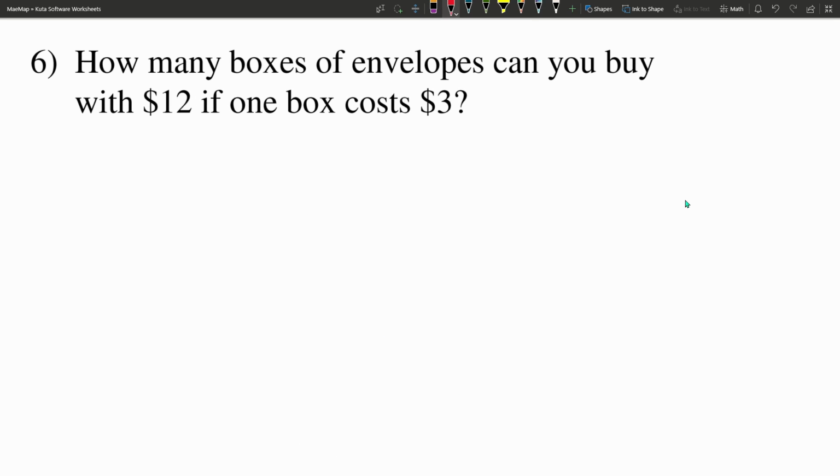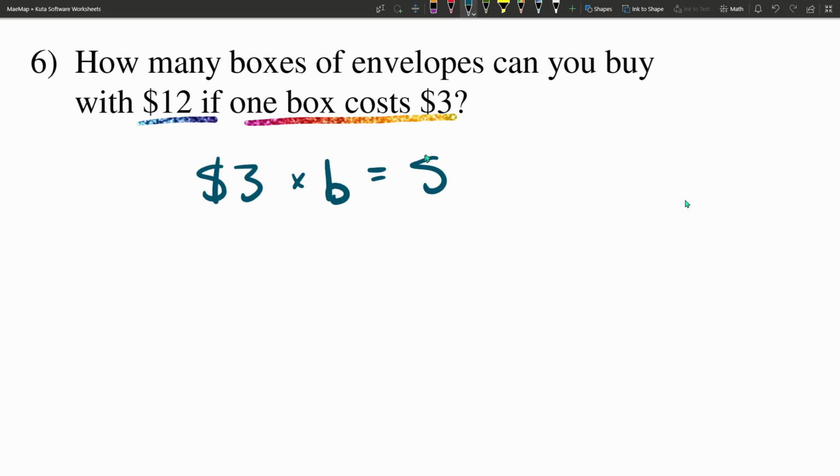Number 6 asks us, how many boxes of envelopes can you buy with $12 if one box costs $3? So how many boxes of envelopes can we buy? Well, if we know that one box costs $3, $3 times the number of boxes, B, is going to equal a total of $12. If one box costs $3, we multiply that by the number of boxes.